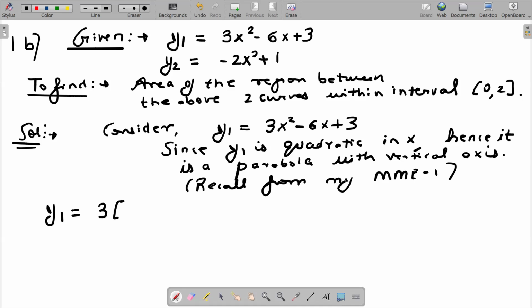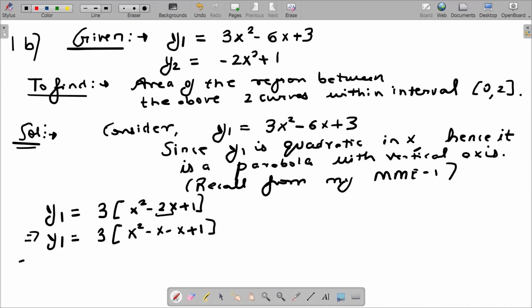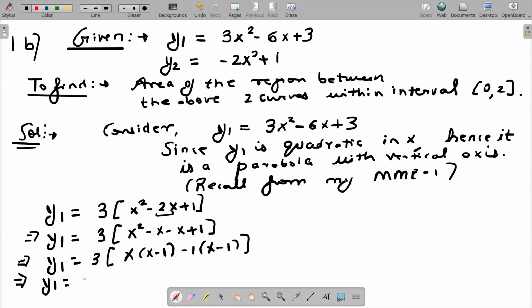I can write y1 is equal to, I can take 3 common. So inside I get x square minus 2x plus 1. So this implies y1 is equal to 3 times, I can split the middle term, x square minus x minus x plus 1, which implies y1 is equal to 3 times, x, I'm factorizing it now, x minus 1 times x minus 1, which implies y1 is equal to 3 times x minus 1 square.